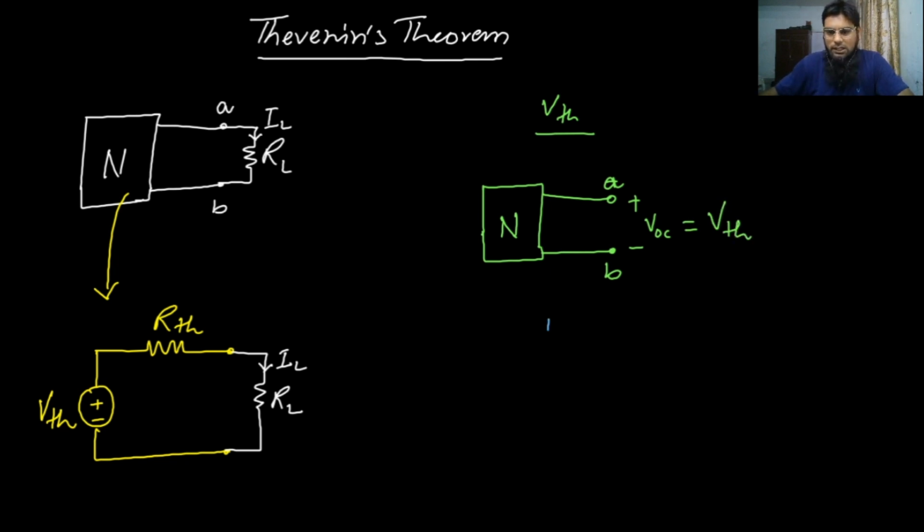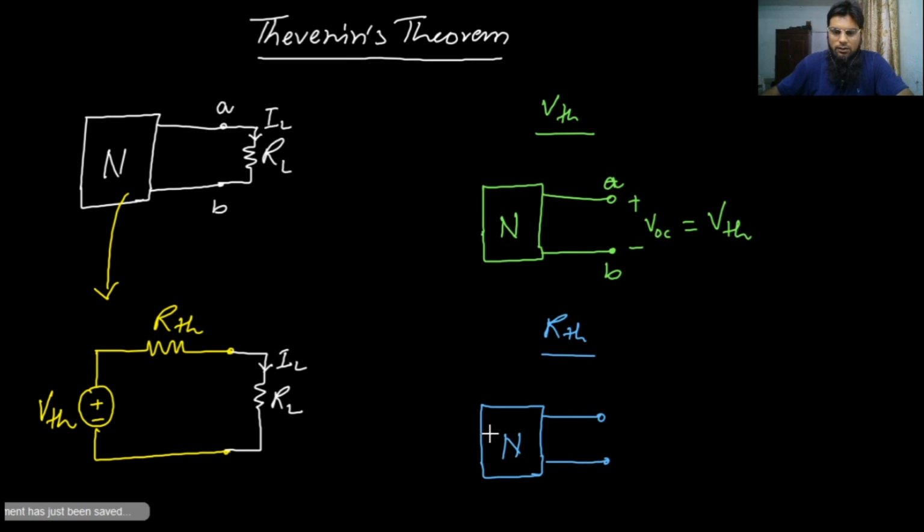Now about RTH, Thevenin's theorem says that to find RTH, in this network which contains independent sources, voltage and current sources, we put all the independent sources to 0.